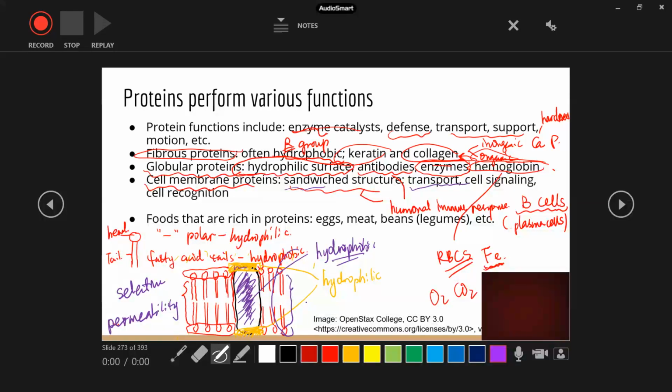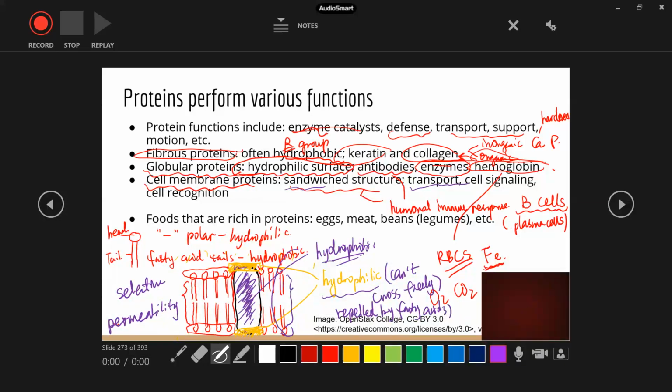Hydrophilic substances will not be let in because they are repelled by the fatty acid tails. So, hydrophilic molecules cannot cross the cell membrane freely, again because they're repelled by the fatty acid tails.